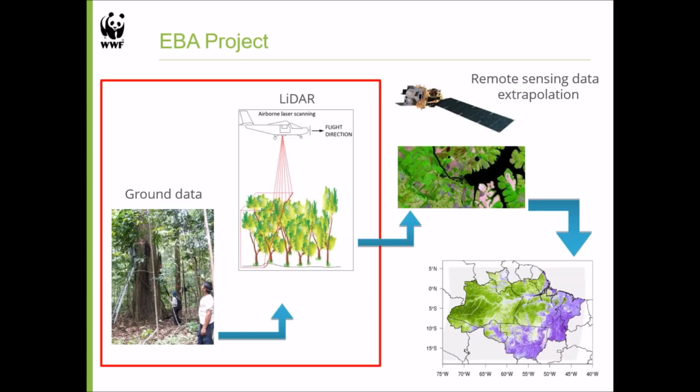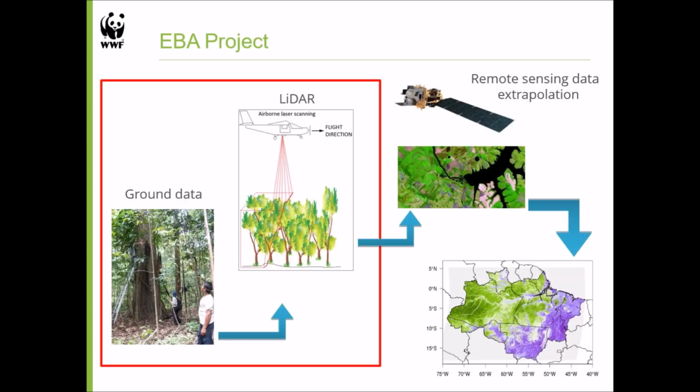Then we made a lot of LiDAR flights. We collected the clouds that we are using to estimate the biomass. That is, we have two kinds of flights. We have the flights that were specified above the plots, above the research areas of the partners, and we have a lot of LiDAR flights that were randomly spread around the whole Amazon.